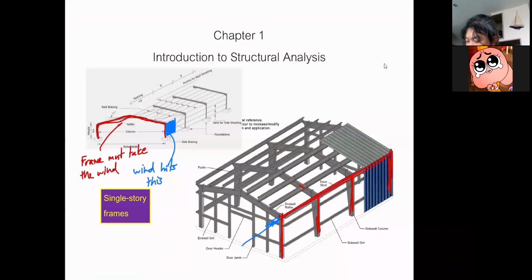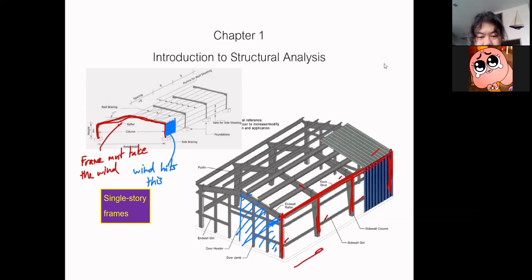So generally this direction, and of course the area that will take the wind will be this one. Right? But you can see in this direction, when we look far down, you will have the frame with so many columns and so many beams.